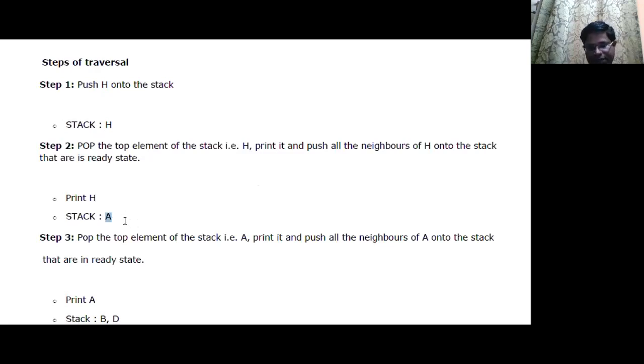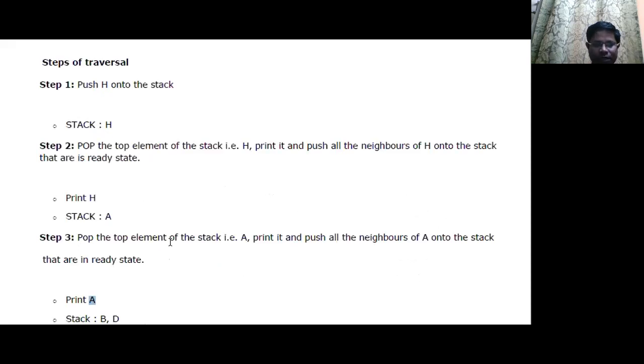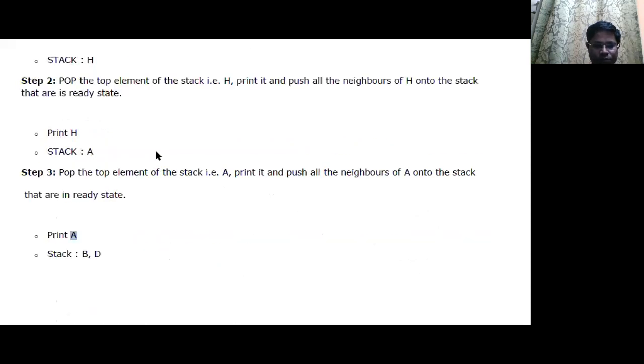Since the stack has only a single element, only this element will be deleted. After deleting this element, we print A, and we push all the neighbors of A onto the stack. The neighbors of A are B and D, so both B and D are added to the stack.